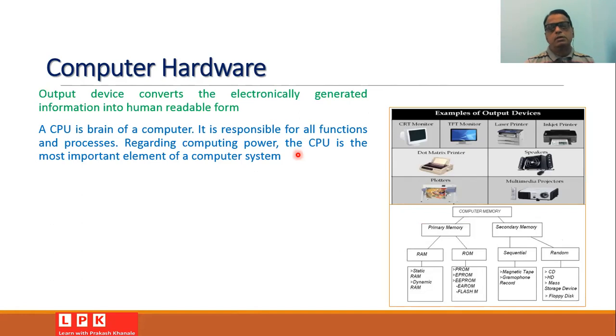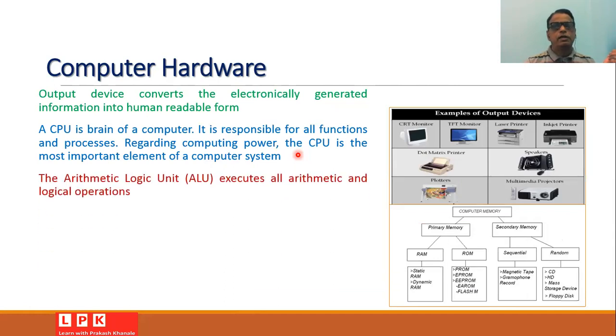The computer system's power is determined by the processing speed of the CPU. Normally a microprocessor is used as the central processing unit of a computer system. If its speed is high, then we can say it has high computing power, that it requires a minimum amount of time to process the instructions.